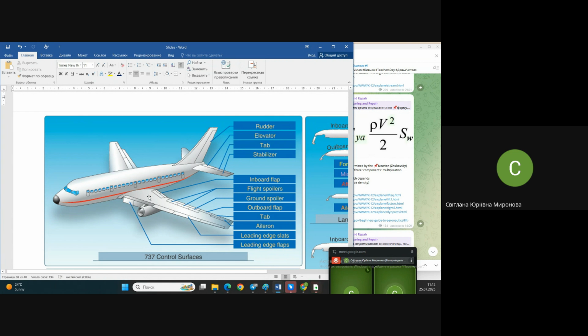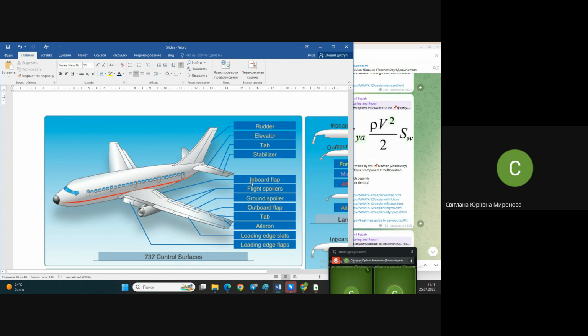Next, on the wing, the whole wing is not named, great, because everyone understands that it's a wing. And next, at the ends, we have ailerons, and do pay attention, aileron and also tab, something like a trimmer. Next, they have inboard flap, outboard flap, or as I said, inner, outer flap.